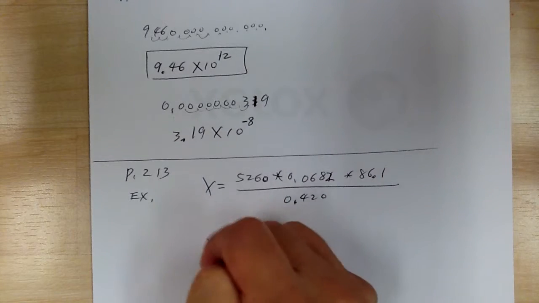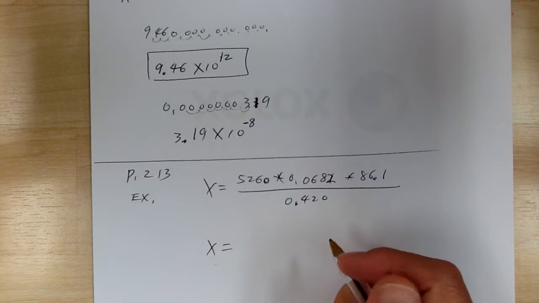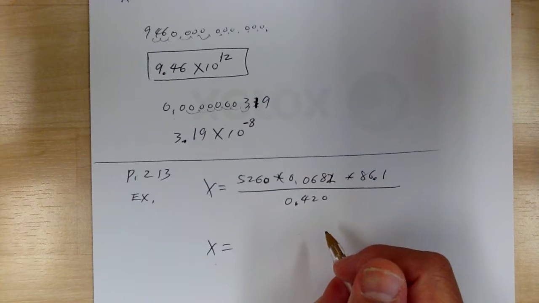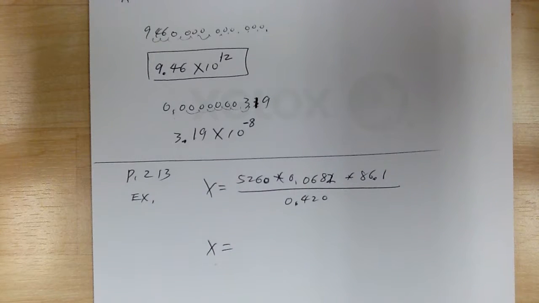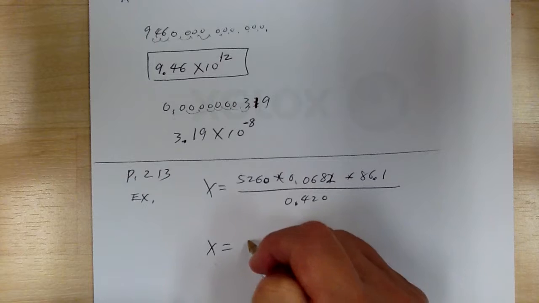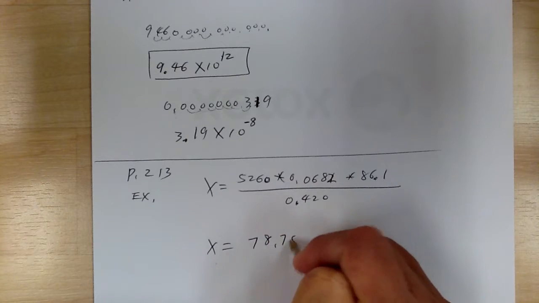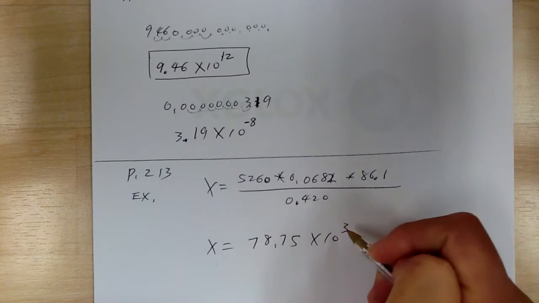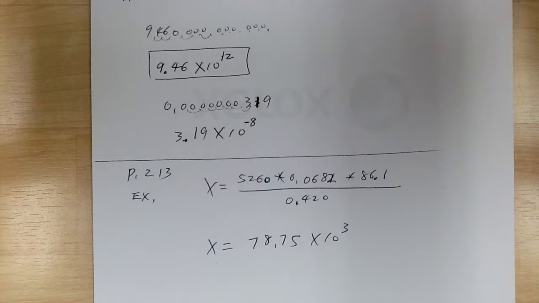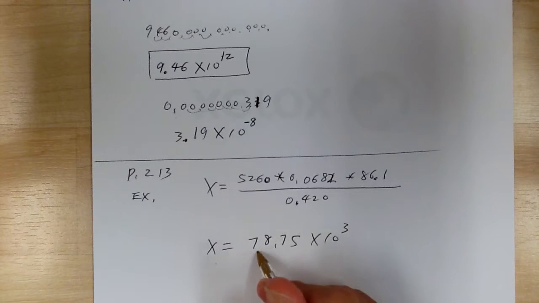So when you use a calculator, you punch all these numbers, okay? You're going to end up with 78.75 times 10 to the 3, okay? But they say one significant digit, which means you have to round to 1 digit.